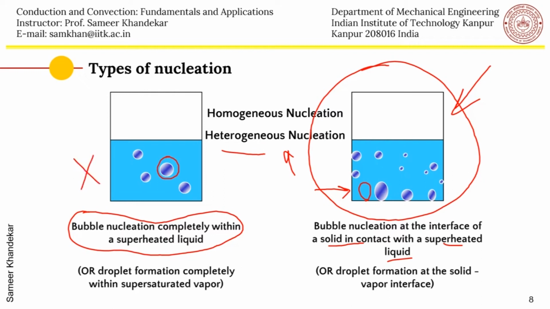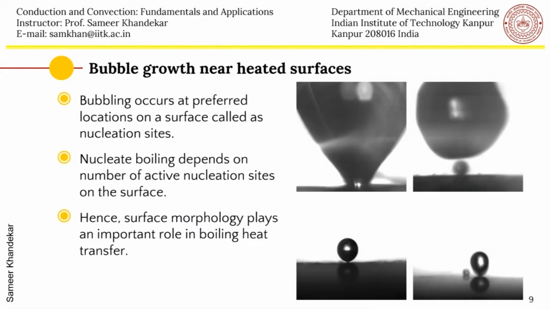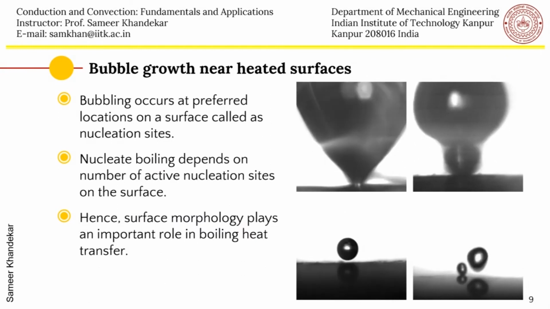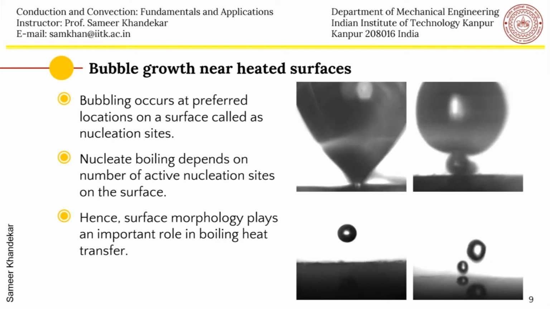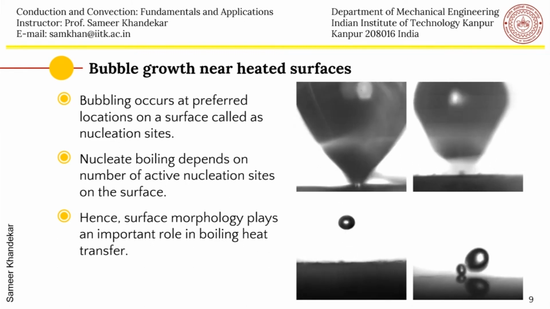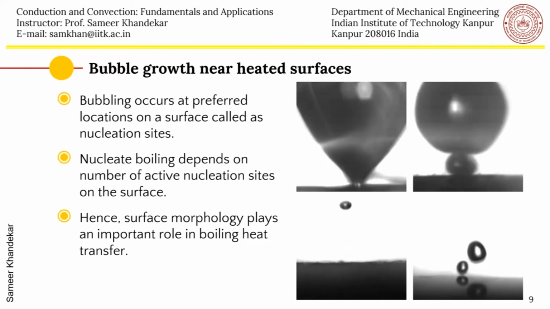So you can see here heterogeneous nucleation taking place. Videos are shown, and you can see one bubble which is getting formed and rising up. Some new bubbles on the right are also forming, and they are merging also. Some of the bubbles are rising, but they are becoming smaller in size as they go up, because it is possible that the liquid on the top is subcooled.